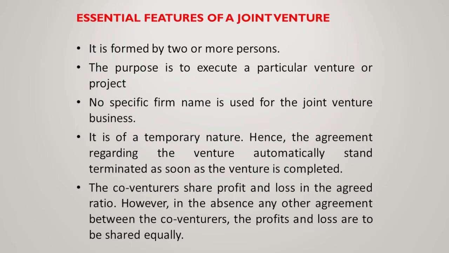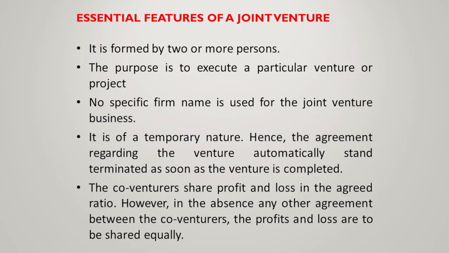But in the case of real estate, for plotting and everything, now they are 3 co-venturers. They asked one more person to join. Okay, so that is another feature: the co-venturers share profit and loss in an agreed ratio. Before starting the joint venture, they themselves come to an agreement: we will share our profits according to so and so ratio.